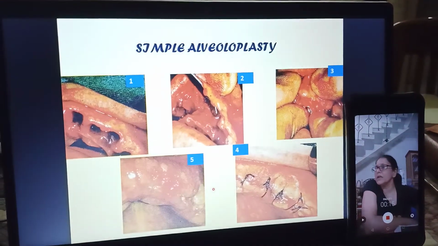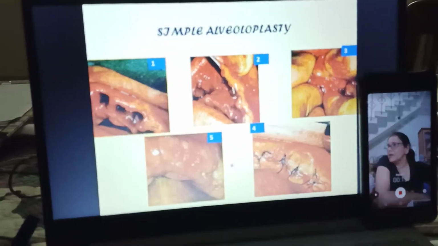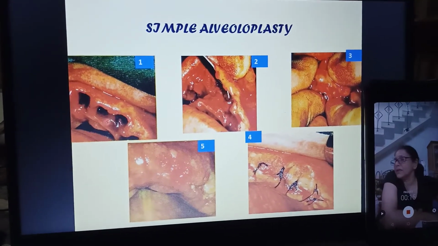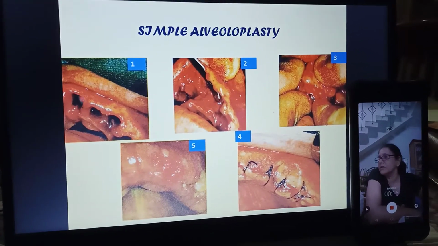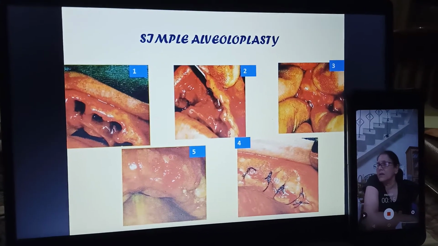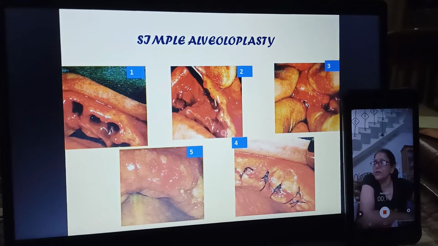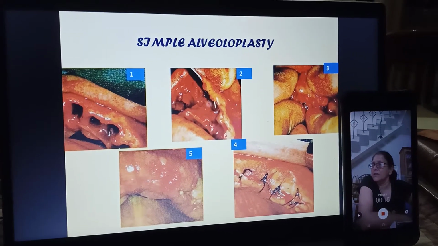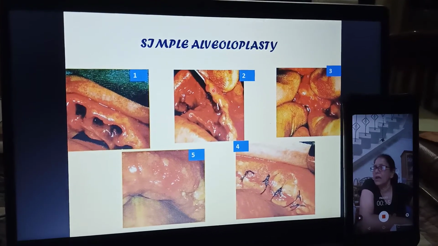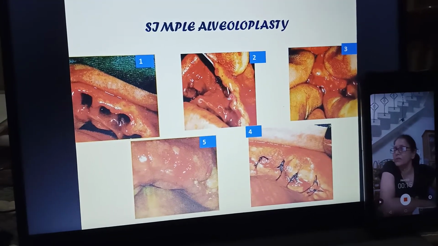Coming to the clinical pictures of simple alveoloplasty. Now you see in the first clinical picture, multiple extractions have been carried out. So these are the remaining sockets. In the second, a mucoperiosteal flap has been reflected off the alveolar bone, and bone file has been used to smoothen the sharp edges.